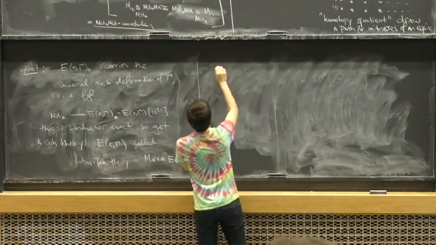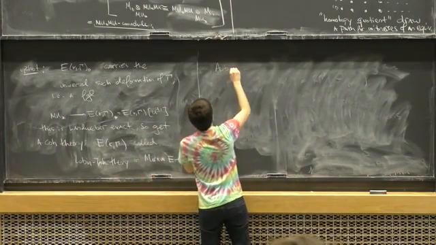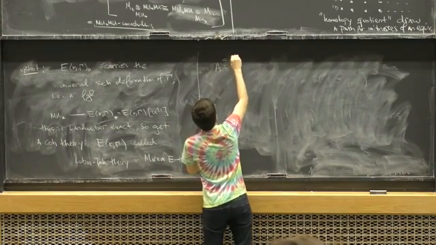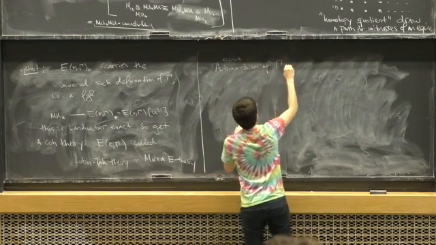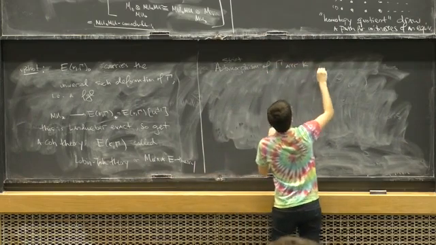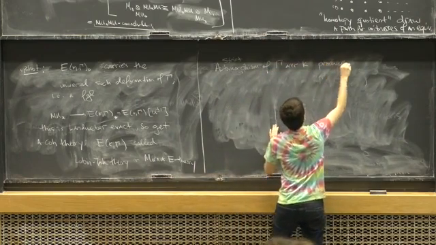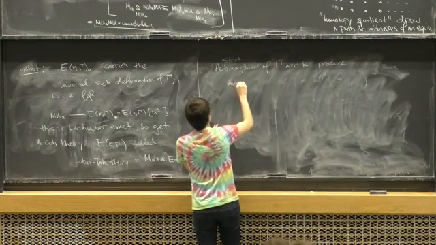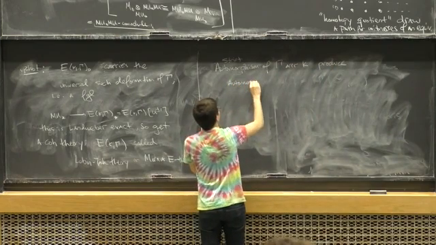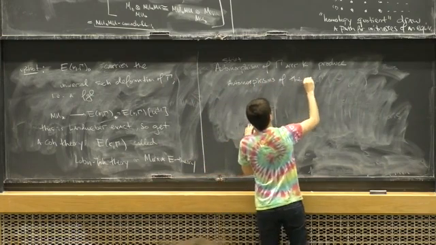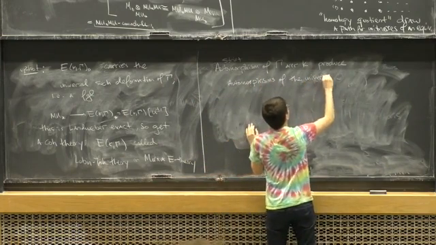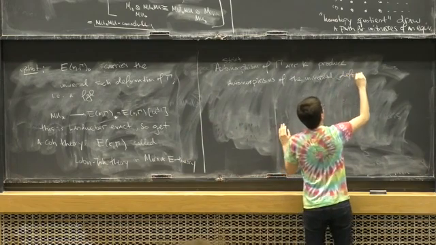So automorphisms, strict automorphisms of gamma over K produce automorphisms of the universal deformation by naturality.